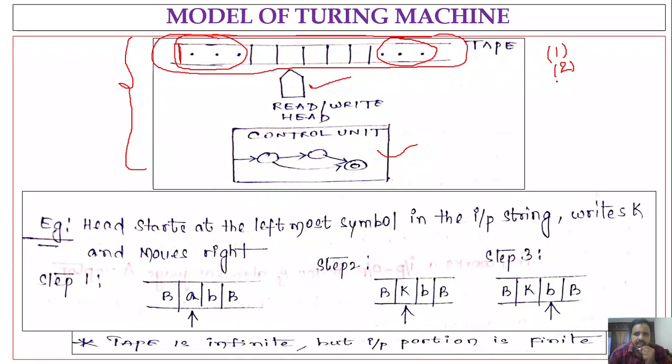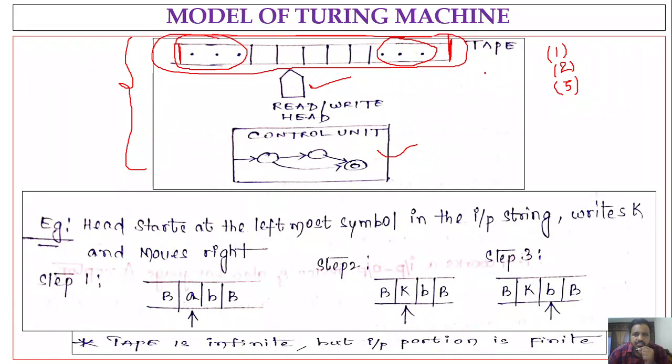And we may have a variation in which we have a bound or boundary on the right part of the input tape, whereas the left part is infinite. So these are the various possibilities of the input tape.